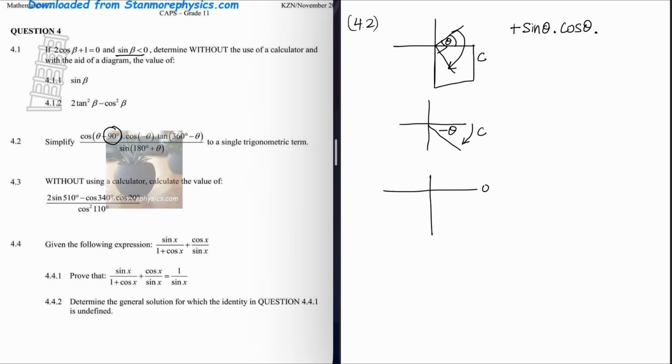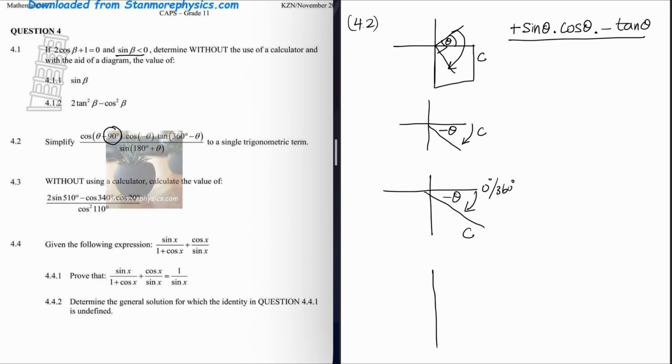If that's 0 or 360, and I am subtracting theta, I'm coming back by some theta value. This is only where cos is positive, so tan will be negative. So I'm going to be multiplying by minus tan theta. And then that's going to be divided by sine of 180 plus theta.